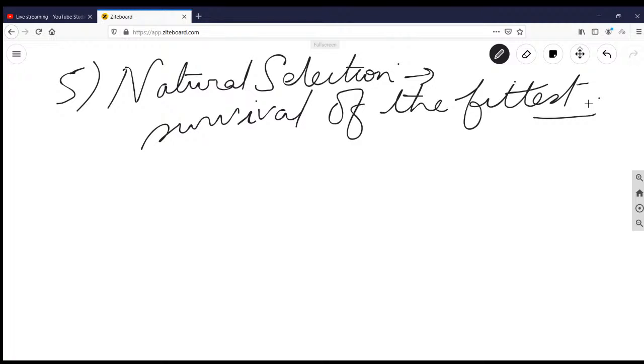Nature selects only those individuals out of the population which comprise useful, favorable, continuous variations, and are best adapted to that specific habitat or environment. Whereas the less fit individuals will be eradicated or rejected by the environment.